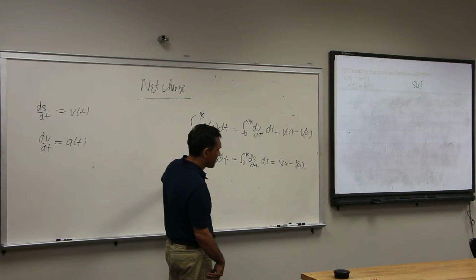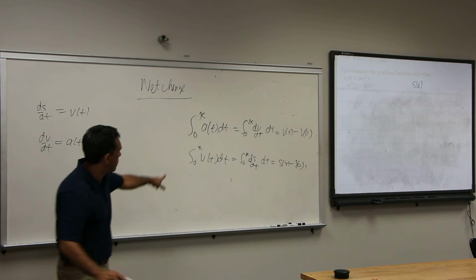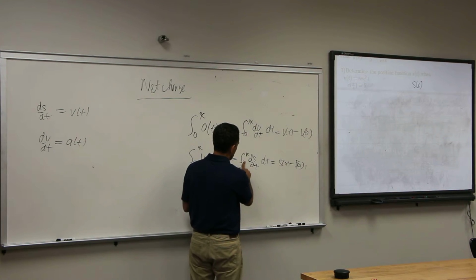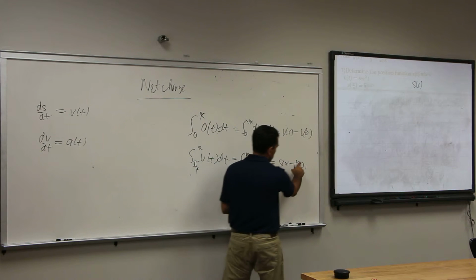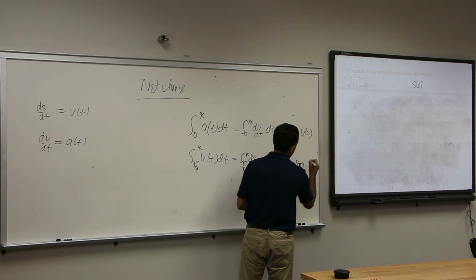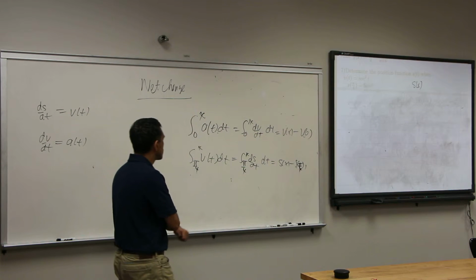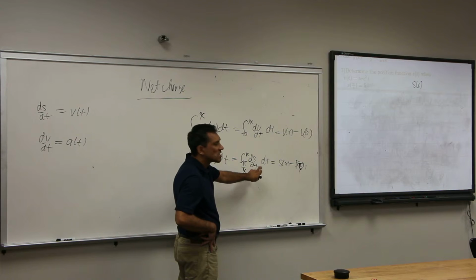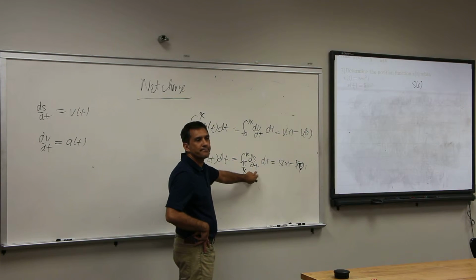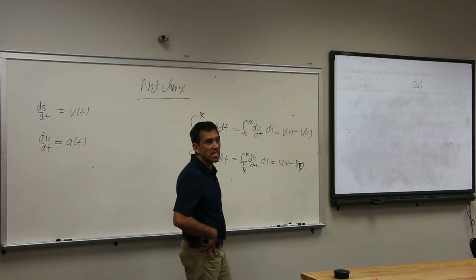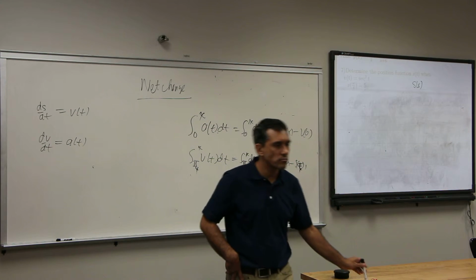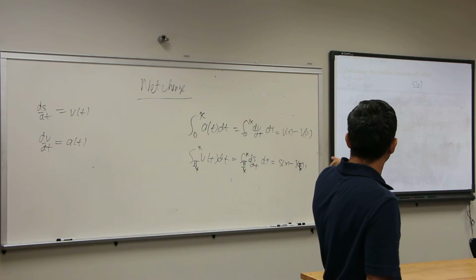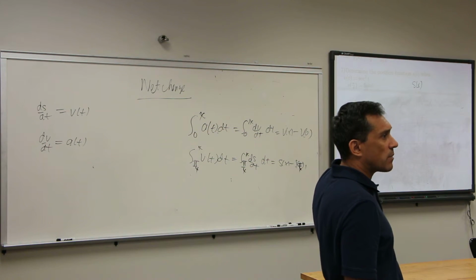Say if I put a pi by 4. What function am I integrating? Secant squared. What is the antiderivative of secant squared? Tangent. So I will evaluate the tangent of x, I will evaluate the tangent of pi by 4.